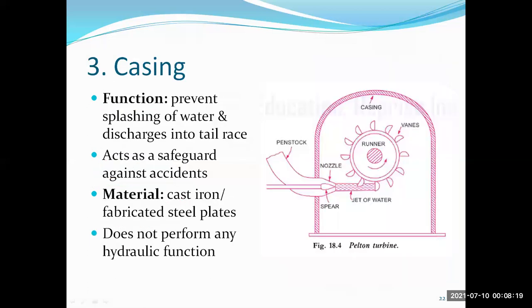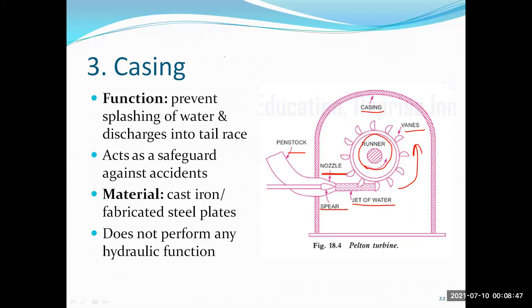The next component of a Pelton wheel turbine is the casing. Here you can see a Pelton turbine and how the arrangement will be. You have the nozzle here, the penstock along with the nozzle and spear. The jet of water comes and strikes like this, and you have a runner here, which will rotate, and around that you have a casing.